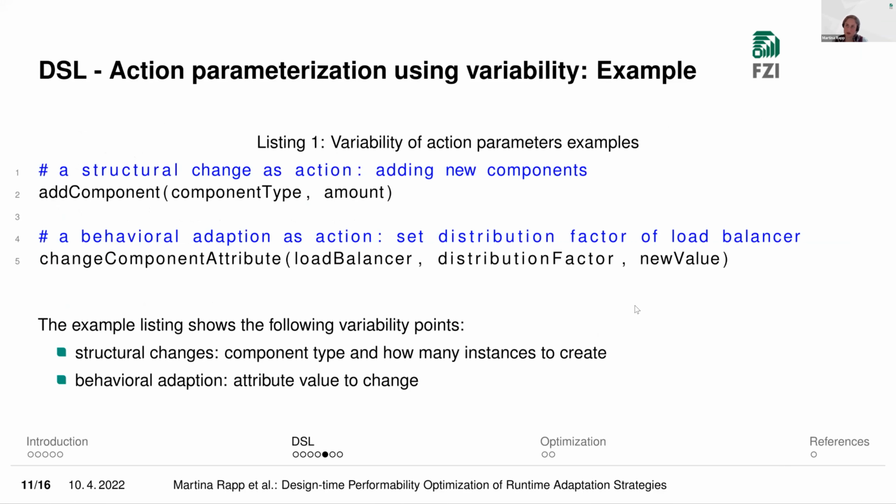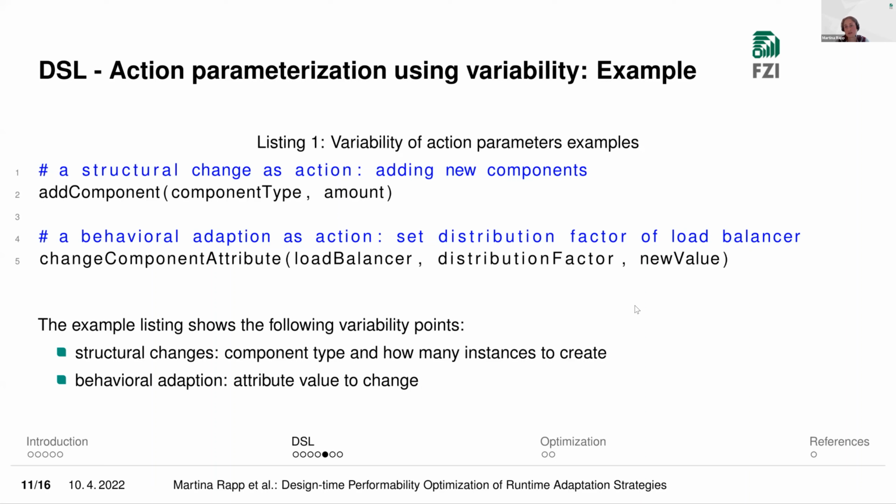To make this more illustrative, we have here an example to better illustrate the idea of the action parameterization using this variability. So let's assume that we have the following two abstract actions. Action number 1, called add component, encodes a structural change by adding new components.